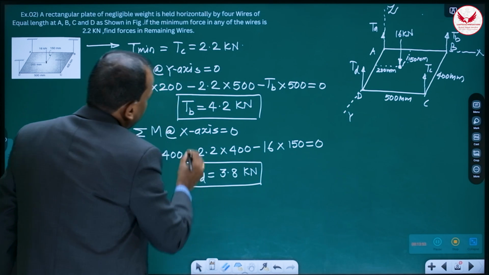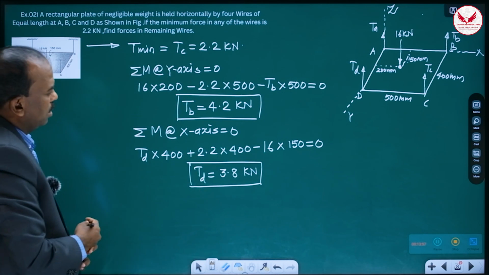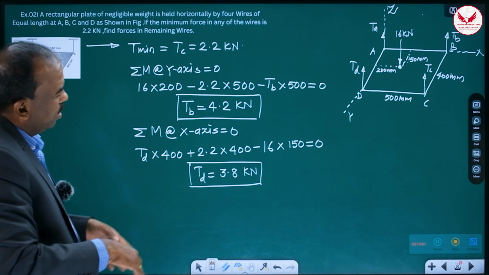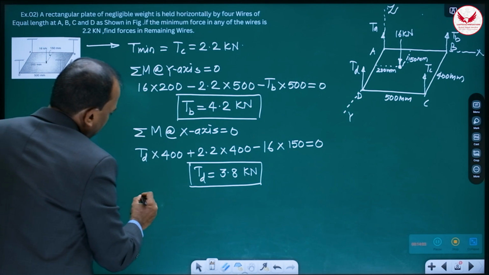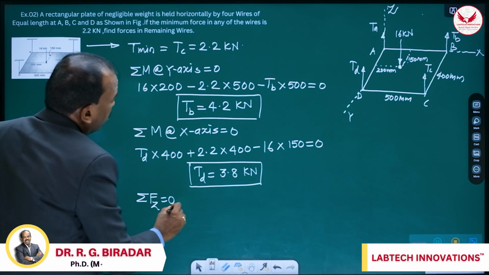Means all the answers must be greater than 2.2. Means we are on the right path. And now the last step is very simple. Summation F is equal to 0. Now all the forces are along Z. Summation Fz is equal to 0.